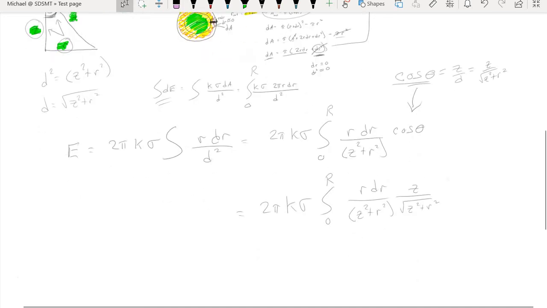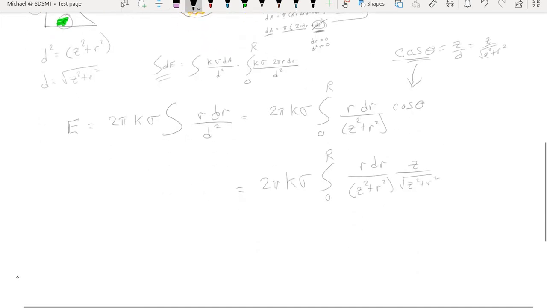And like before, in the denominator I have the z squared plus r squared of the first quotient there, which is to the first power, and we can rewrite the root as a fractional power.